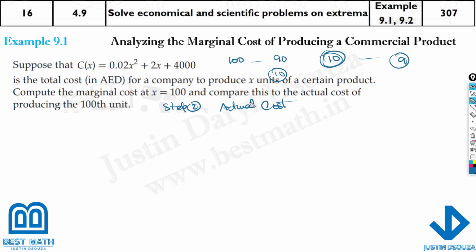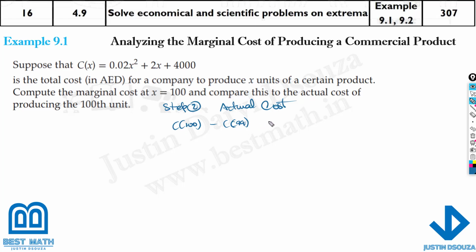That's it. So same way, what we will do over here is we will find the total cost of 100 units and then subtract it by 99 units, then we will get the 100th unit. So it is C of 100, because we are dealing with total cost function, minus C of 99, that is the cost of 99.